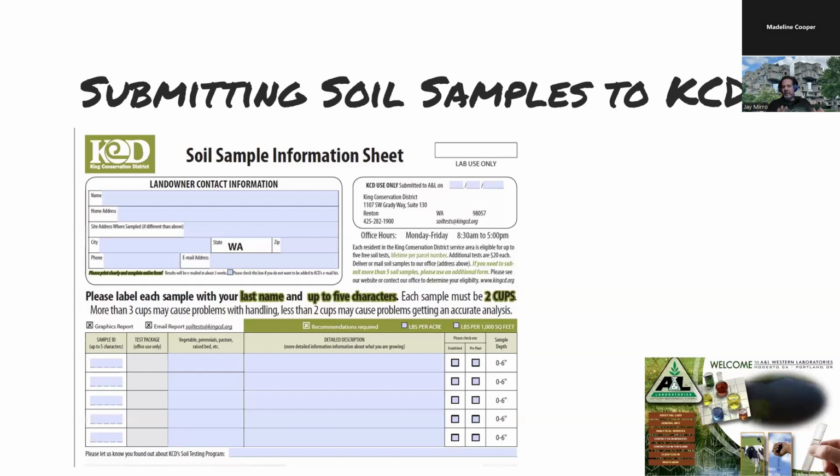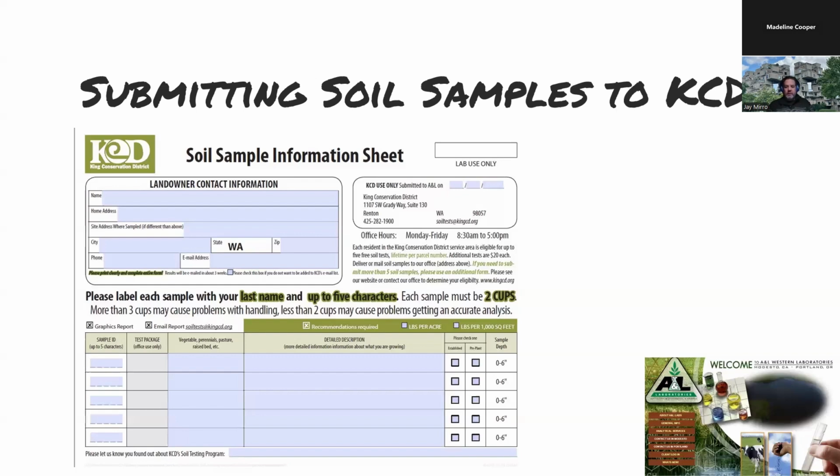So if you put a whole host of different crops, they're going to pick one, and it might not represent what all of those plants need. They do have a mixed vegetables option, so if you're growing multiple things, you just put vegetables, and they'll just pick an average.